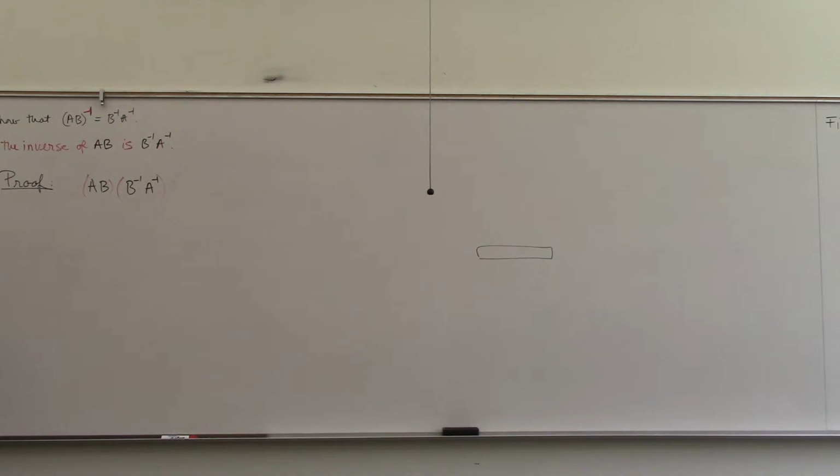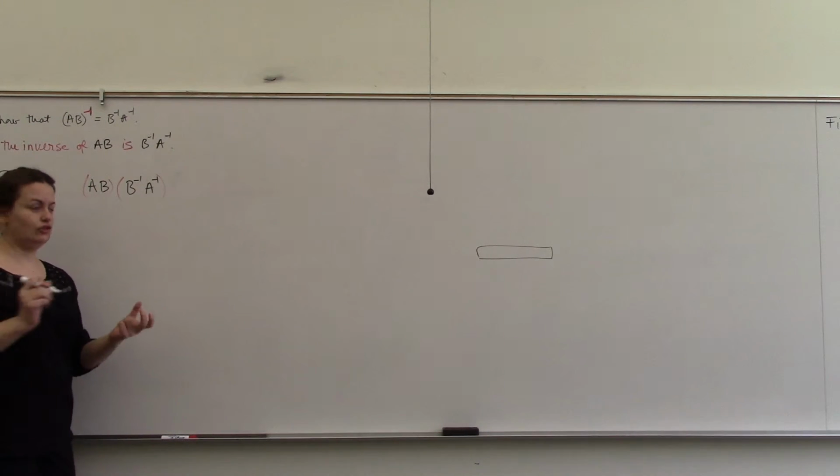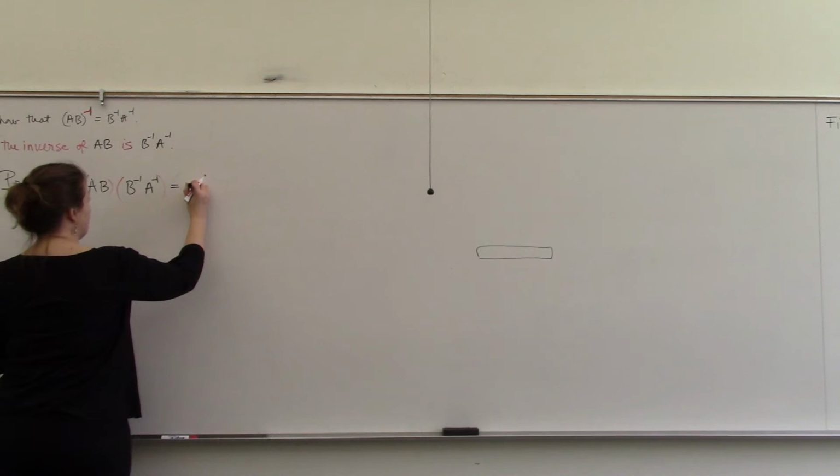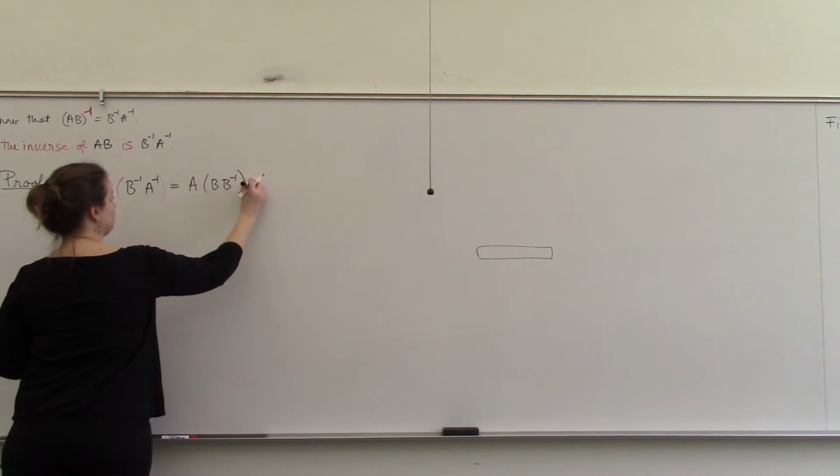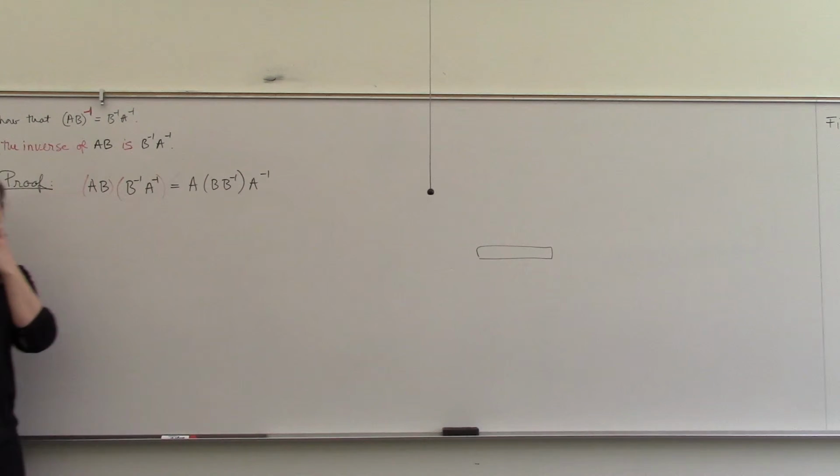Let's see, what are we allowed to do with matrices? We can't move them around, but we can move what around? The parentheses, because matrix multiplication is associative. Okay, so the associative property of multiplication of matrices allows me to do this. Right?